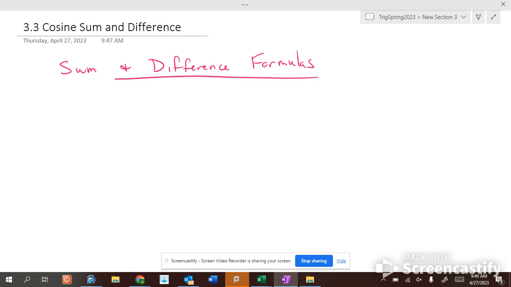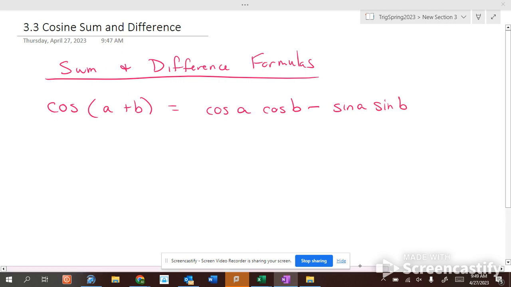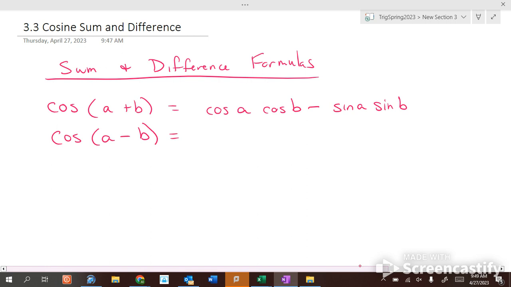The cosine of A plus B equals the cosine of A, cosine of B, minus sine of A, sine of B. And the cosine of A minus B is the cosine of A, cosine of B, plus the sine of A, sine of B.